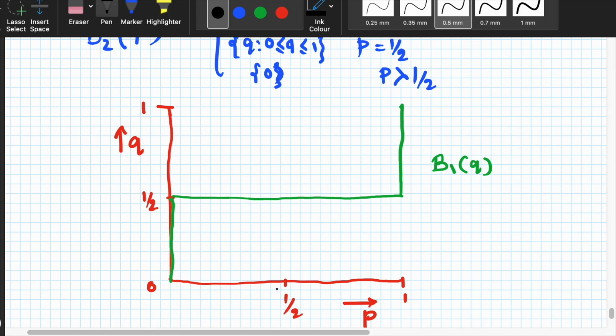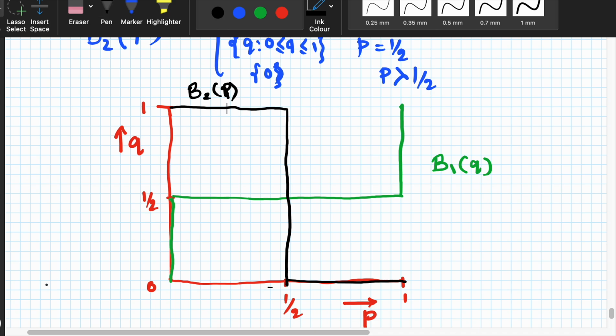For every p less than half, q equal to 1 is the best response, and for p equal to half, every possible q is the best response. For every p greater than half, only q equal to 0 is the best response. So this is the best response function of player 2.